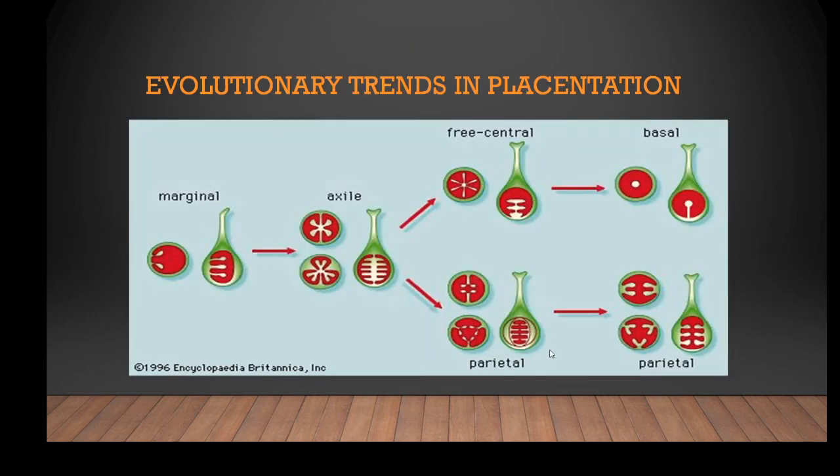Now we will discuss evolutionary trends in placentation. In the evolution of placentation, it appears that no uniform pattern is followed. Marginal placentation is generally accepted as a simple and primitive placentation. Free central placentation in all cases seems to have been derived from axile placentation.